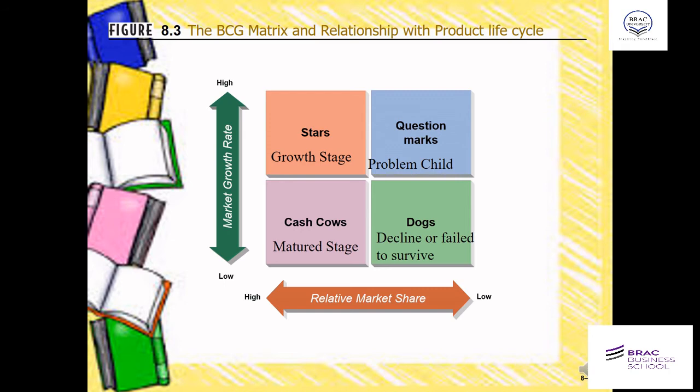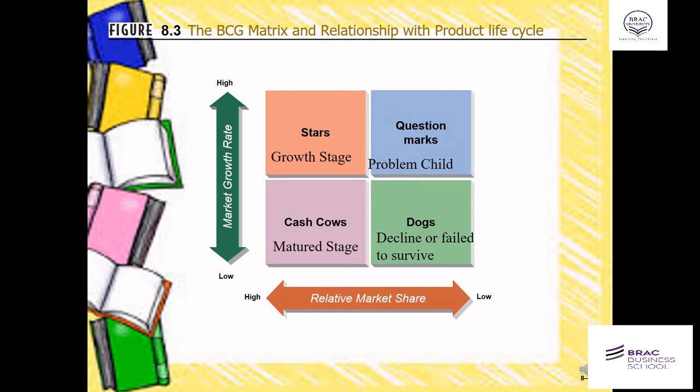The important thing is that the organization here gets some stability to do their business, and the market share will be in a stable condition, and so will the profit. So cash cow is going to generate a stable profit, and as there is no growth opportunity, the investment is low in cash cow.